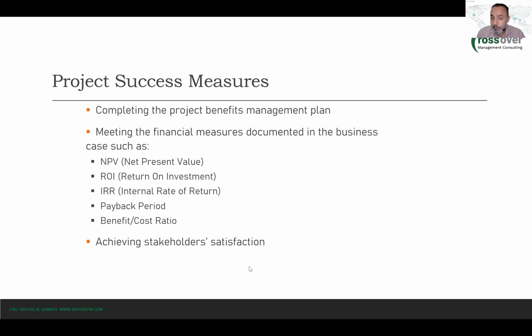This is now the trend. We look at the benefits. The benefits are the main metric of measuring project success. Okay, let's have a look at those financial metrics that we can use in order to measure the financial benefits of the project.